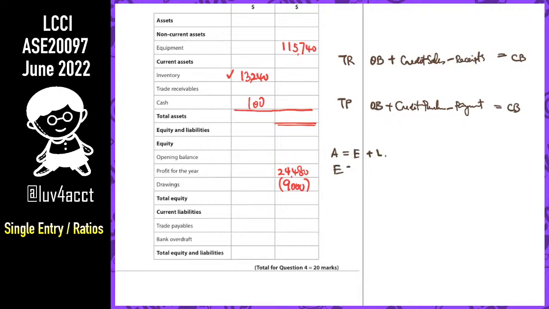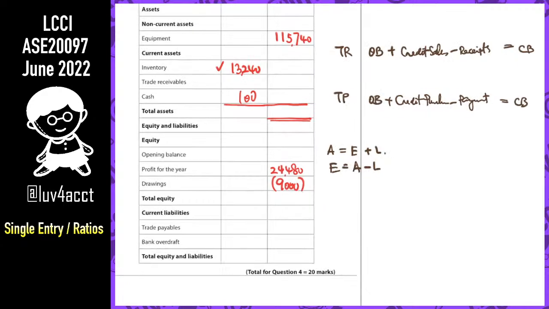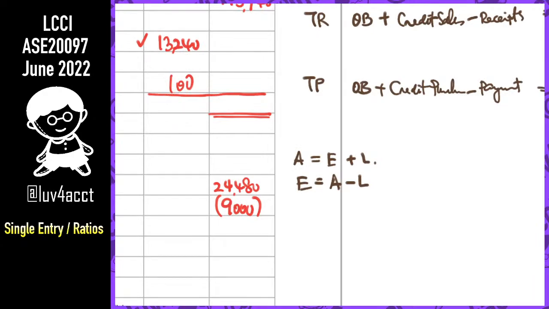That means equity is equal to assets minus liability. We only need to know the opening balances of assets and liability, then we can find the opening balance of equity.